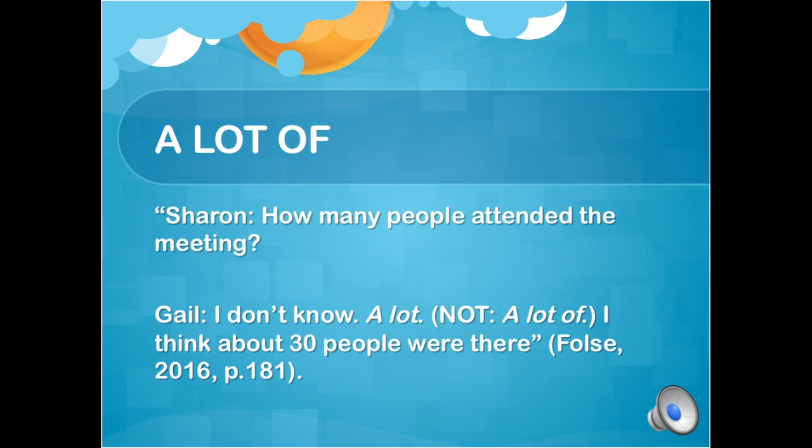Gail said, "I don't know, a lot. I think about 30 people were there." Notice that Gail does not say a lot of. This is because there is not a noun following the phrase, so the preposition of is omitted in this case.